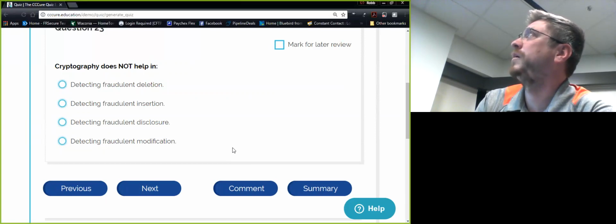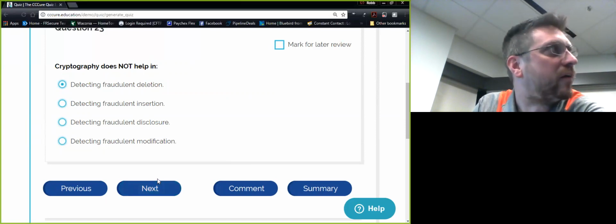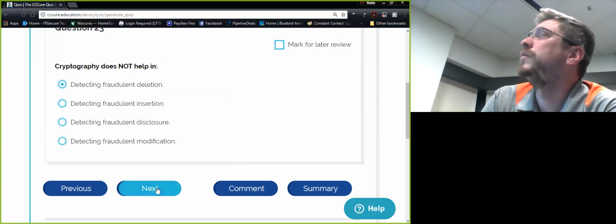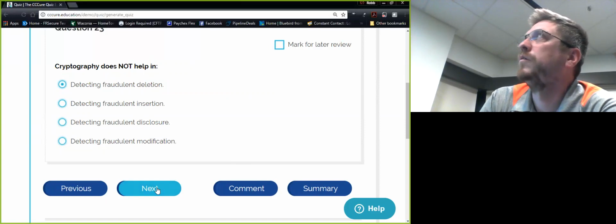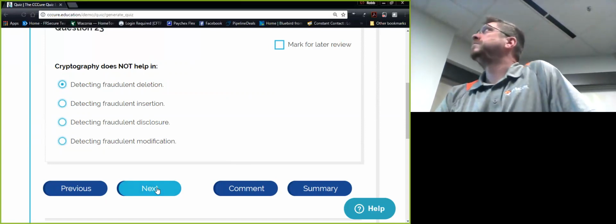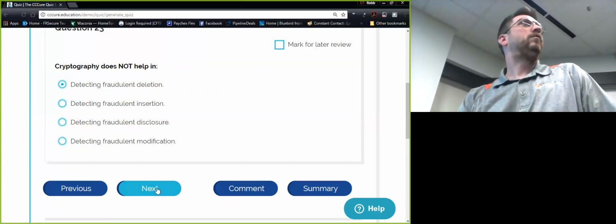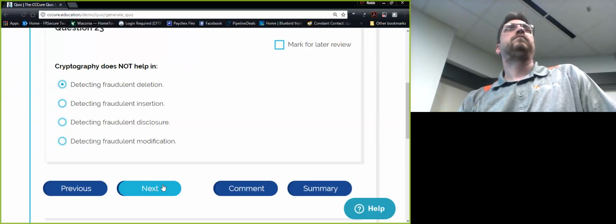It would be deletion, right? Because if you do any of the other, it would modify it. So encryption only does integrity and disclosure, confidentiality. Well, because if I've got something encrypted, you buy a key, you won't be able to access it.